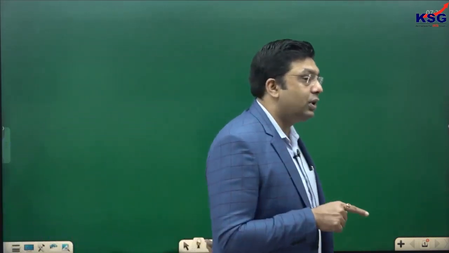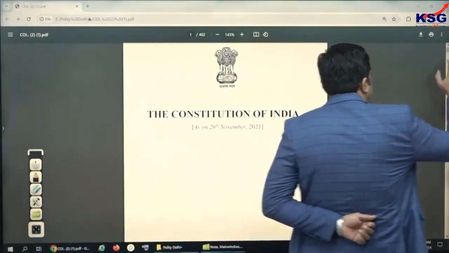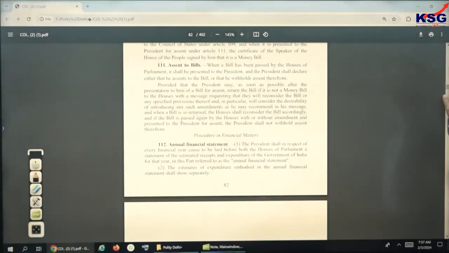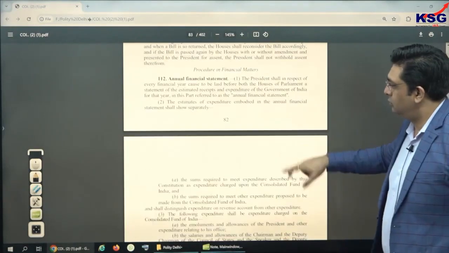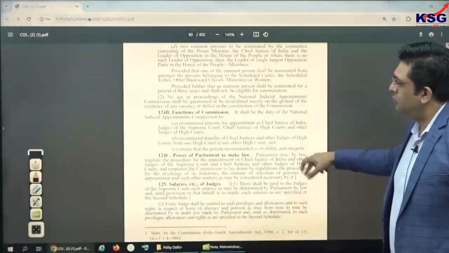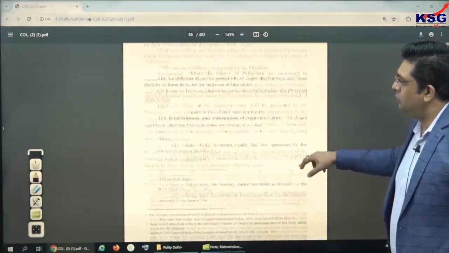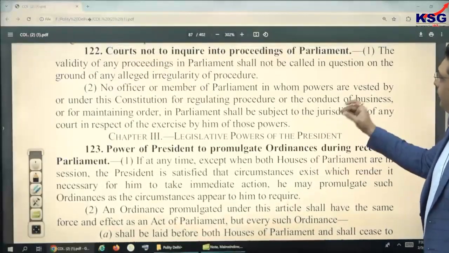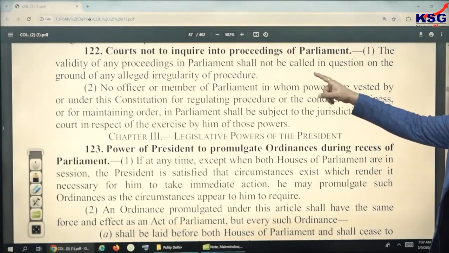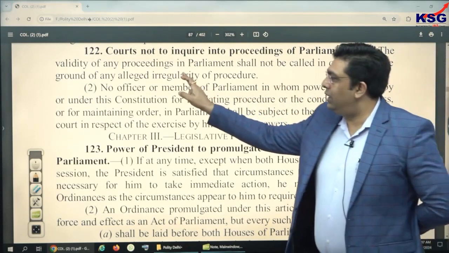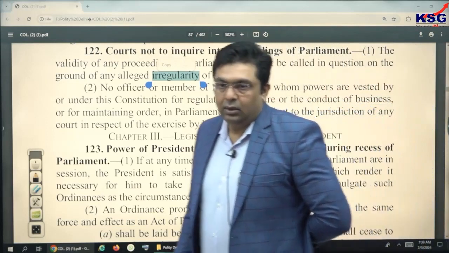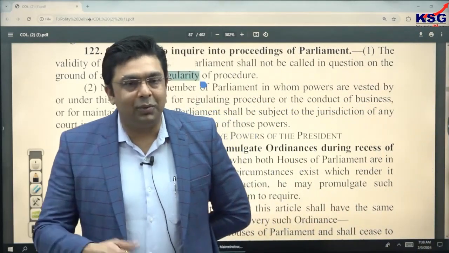In illegality courts would come. If you look, the courts are not to inquire into proceedings of the parliament on any alleged irregularity. Okay, in illegality courts will come in, and it is the court that will tell, so in this case the courts come in.